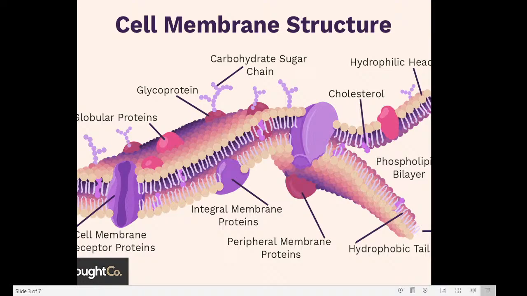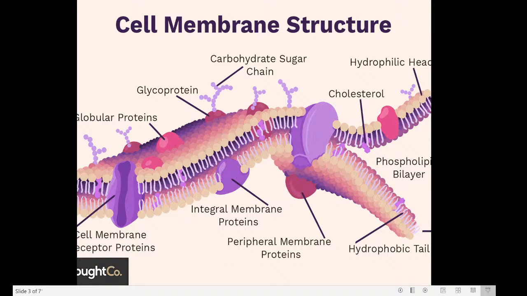So it is made up of a hydrophilic head and a hydrophobic tail. In this bilayer, the lipid molecule having a hydrophobic tail and hydrophilic head is called a phospholipid.